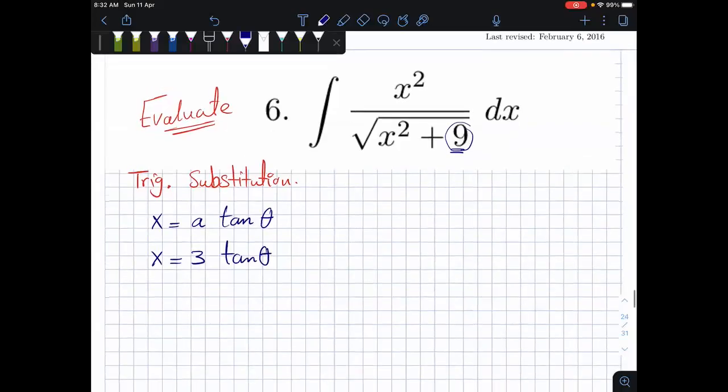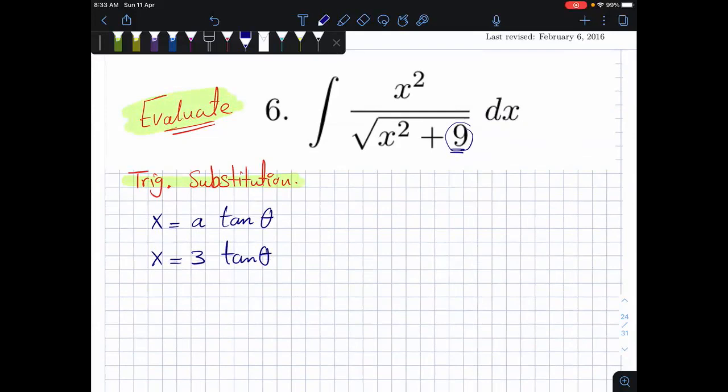Okay. So here a quick revision for trig substitution. How to evaluate x squared over root x squared plus 9. So x is equal to a tan theta. So why a tan theta?